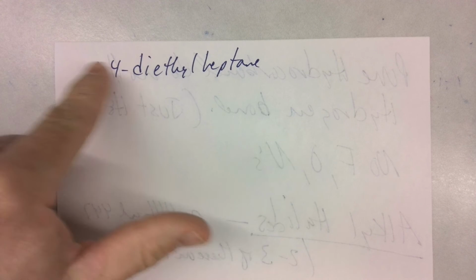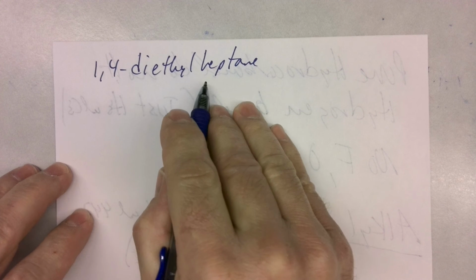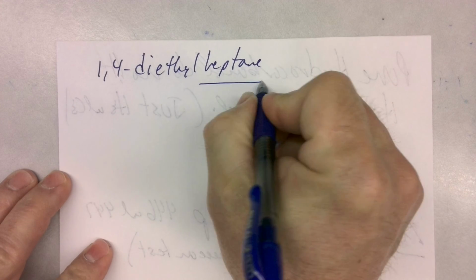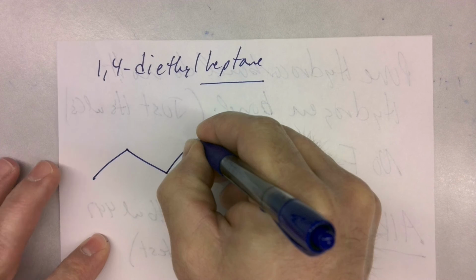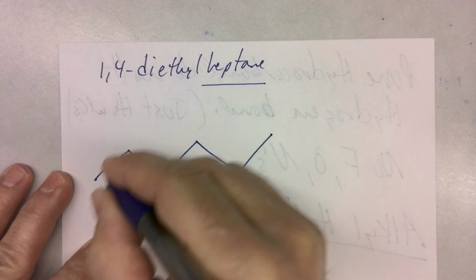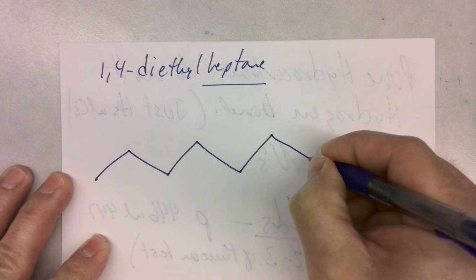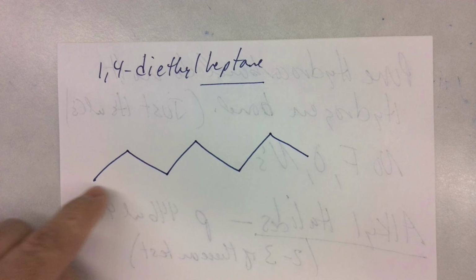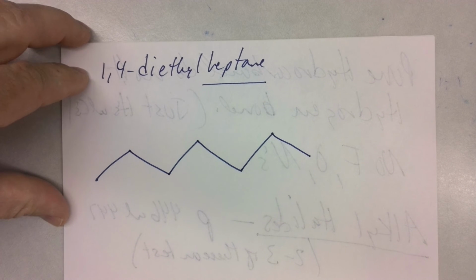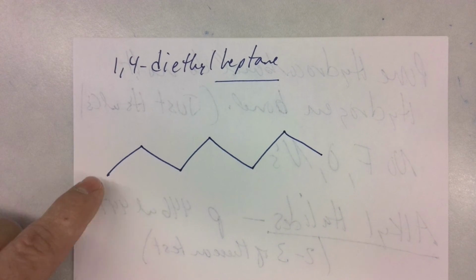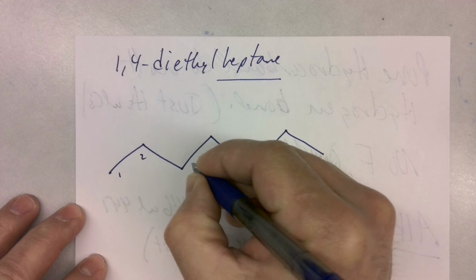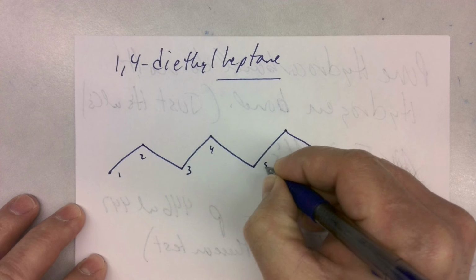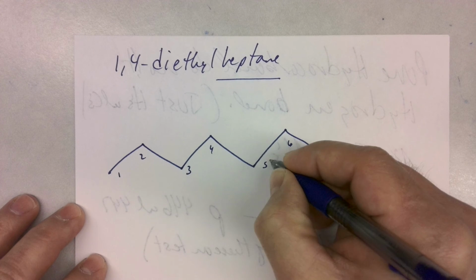If I were to draw 1,4-diethylheptane, I'm going to start with a heptane, which means I'm going to start with a 7-carbon chain, right? So I've got that, correct? That's my heptane backbone, right? And then I'm going to have 1,4. So I got 1, 2, 3, 4, 5, 6, 7.